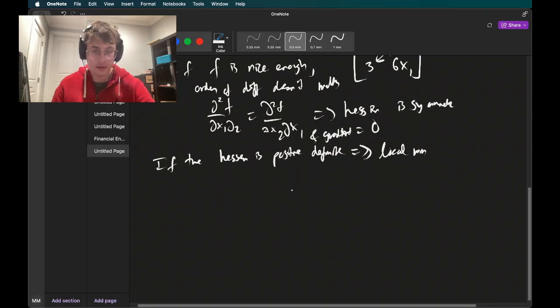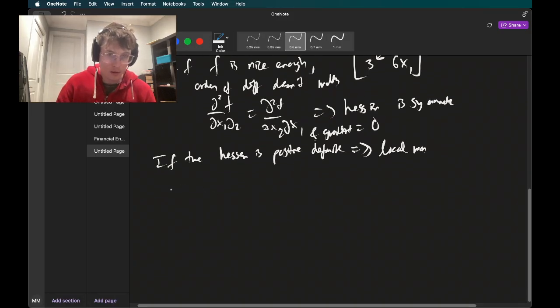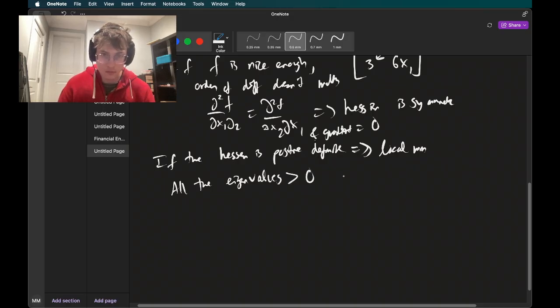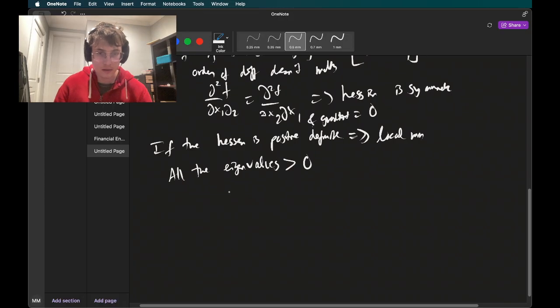So what does positive definite mean? This means that all the eigenvalues are positive, all of them. So again, what is an eigenvalue? An eigenvalue is a value where if you take a matrix A multiplied by an eigenvector x, then you end up with lambda x.